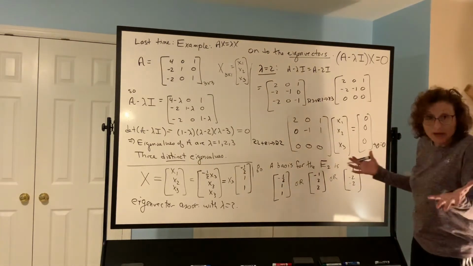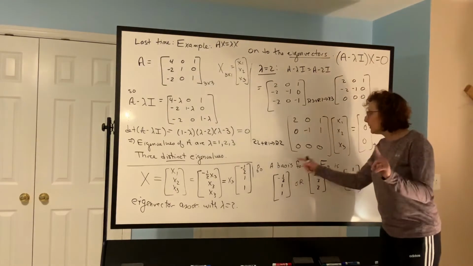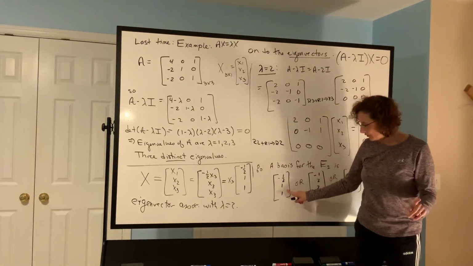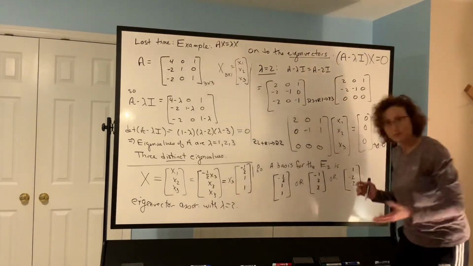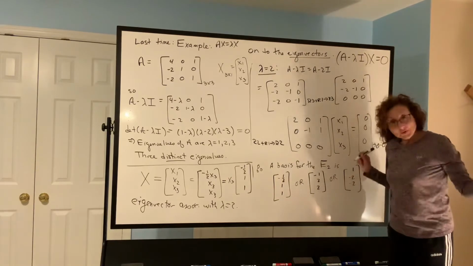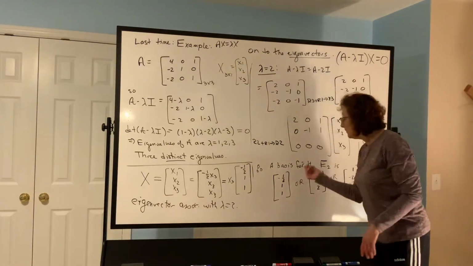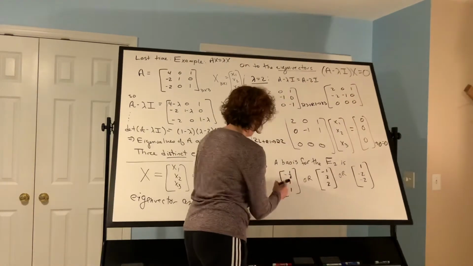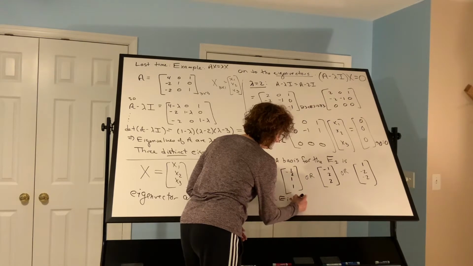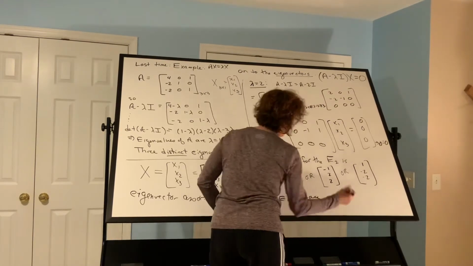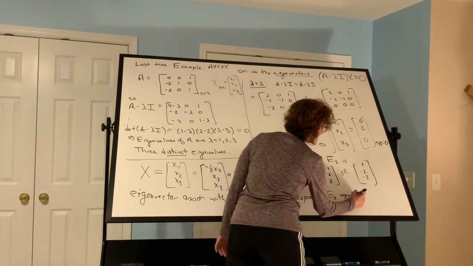There's only one basis vector, right? We only require a single basis vector, any one of these, multiply that by an arbitrary constant, and you'll have everything in the space, right? And so the eigenspace E2 requires one basis vector.